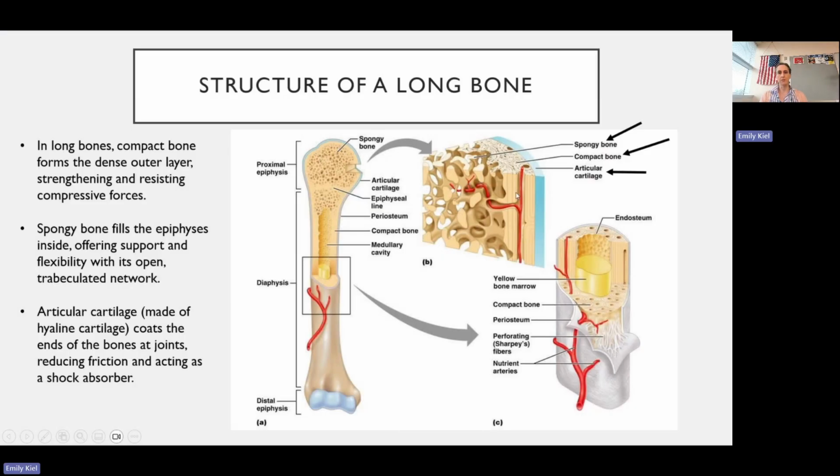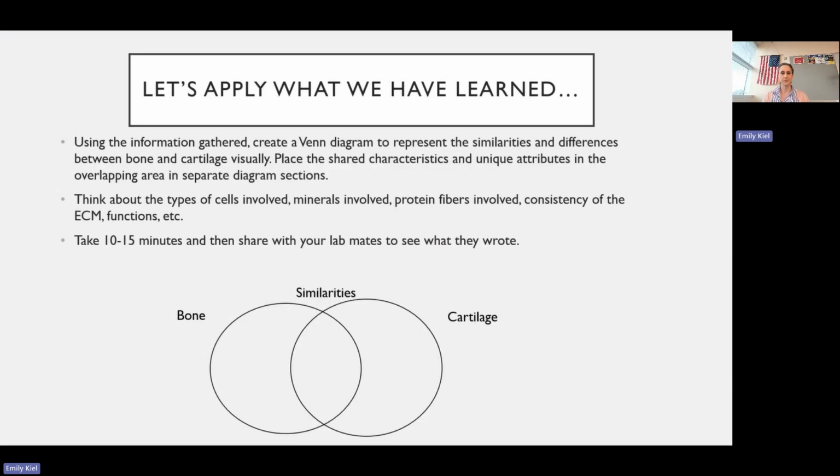We've got a layer of compact bone around that, and then the articular cartilage in the joint to reduce friction and provide support. And then if we look in the diaphysis, here we can see really nicely our osteons, those lamella, that compact bone. And we're still seeing the vasculature that's prominent in bone, helps it heal, helps get the nutrients to it, and removes waste.